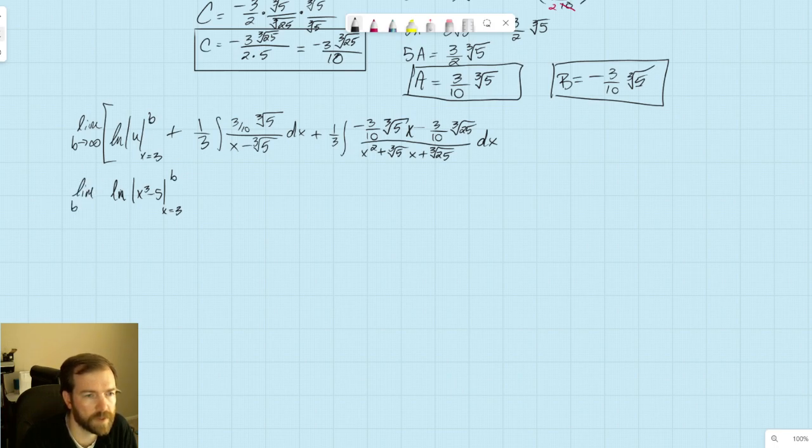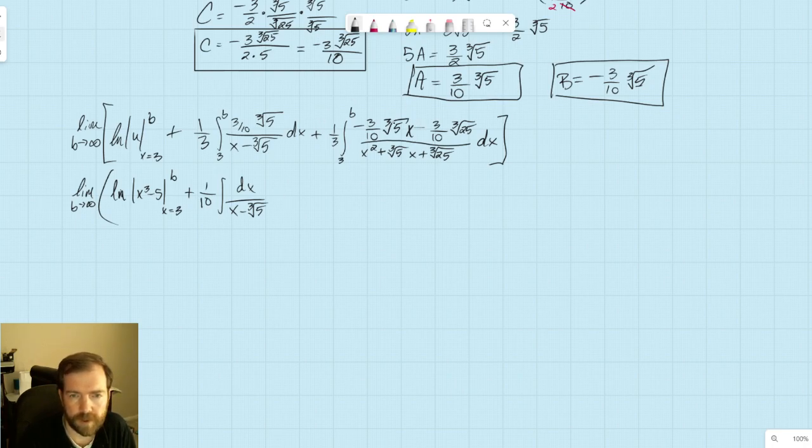And the limit as b goes to infinity of all that stuff. Okay. Plus, this is now going to be 1/10, 3b. Integral of dx over x minus cube root of 5. Worked perfectly well. Right, this is easy. That's also a natural log. So, simple enough. This one's a little more complicated.